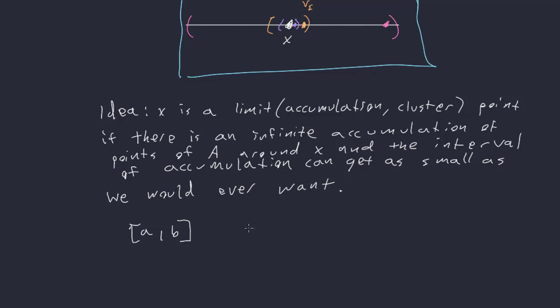So if you think about A, here's A, here's B. Any epsilon neighborhood around A is going to have another element of the interval in it. And it doesn't matter how small we get, we can accumulate points infinitely around A. And we can continue to zoom in and do this again and again and again.